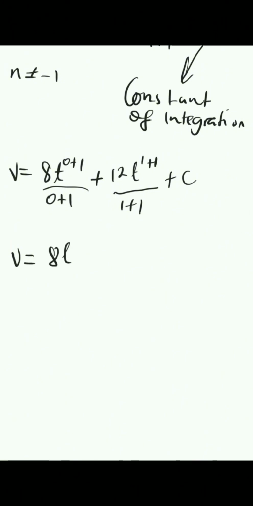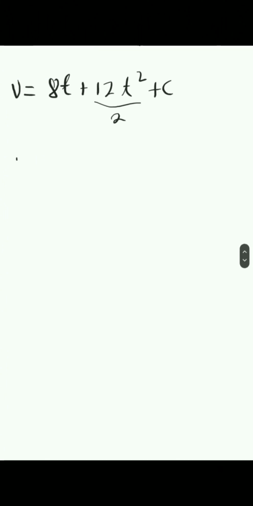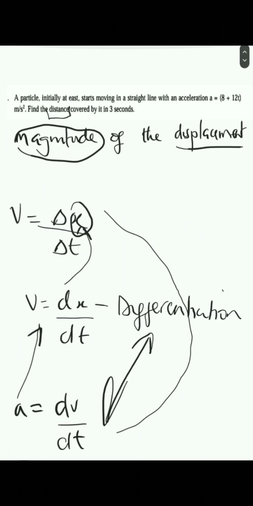Now this will come out as 8t, then you add 12t squared divided by the same 2, then plus c. So this further simplifies to 8t plus, 2 goes 6 times in 12, so you have 6t squared, then you have a c.